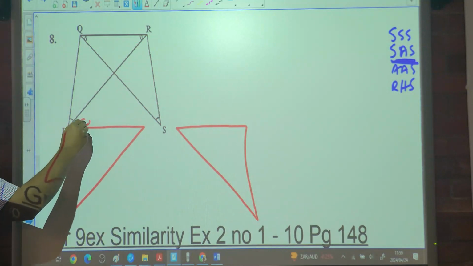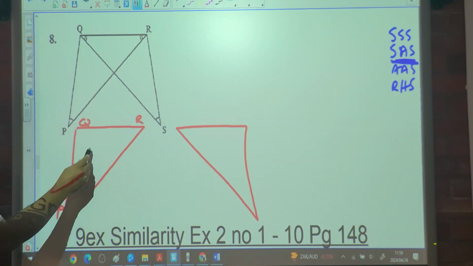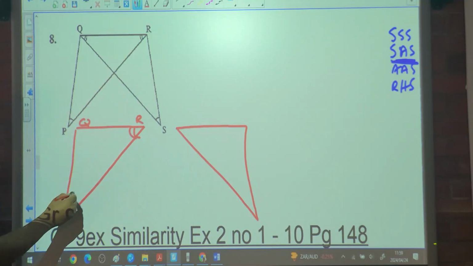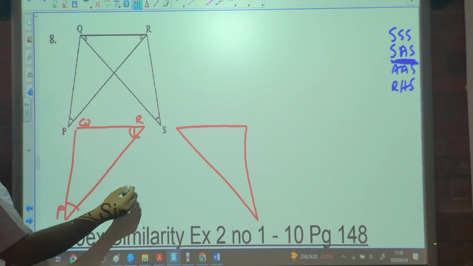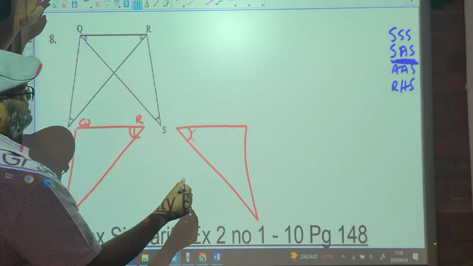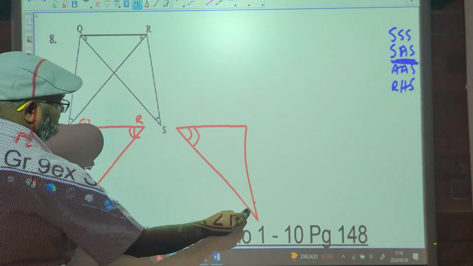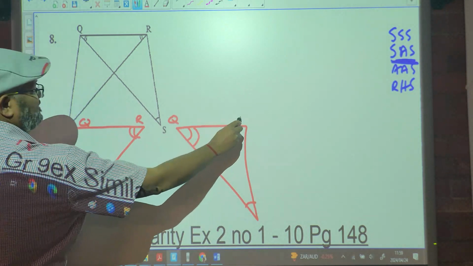Remember, this is Q, R, P. That is marked with 2 arcs. This is 1 arc, 2 arcs. I'm missing some algebra there. Q, R, S.